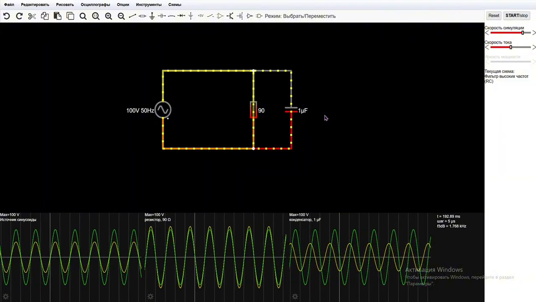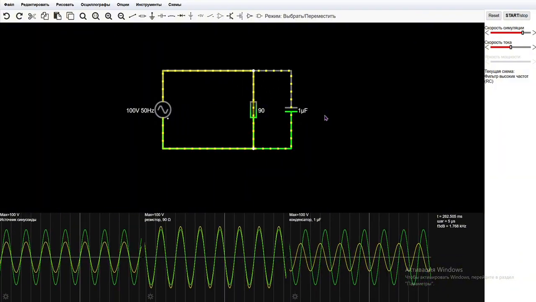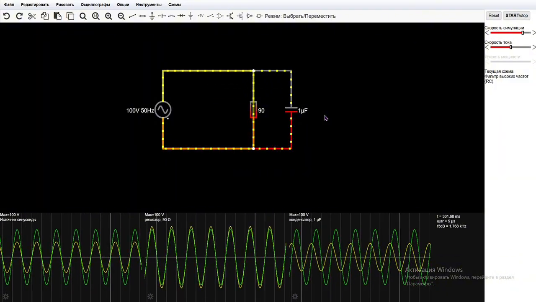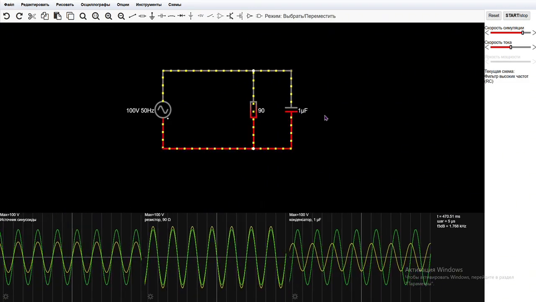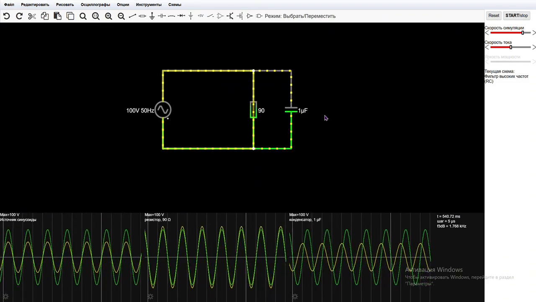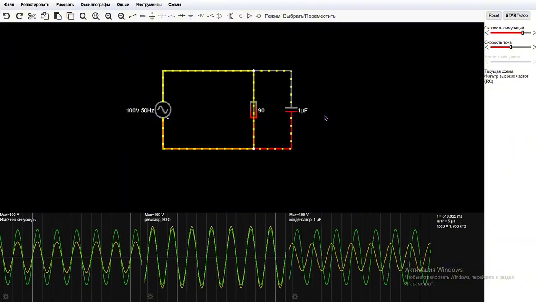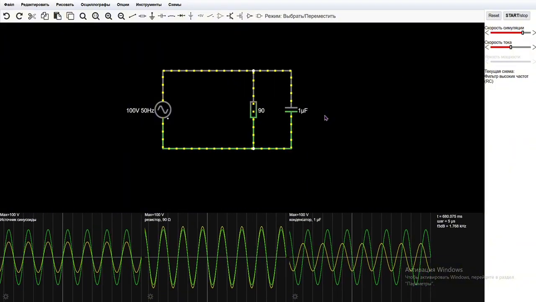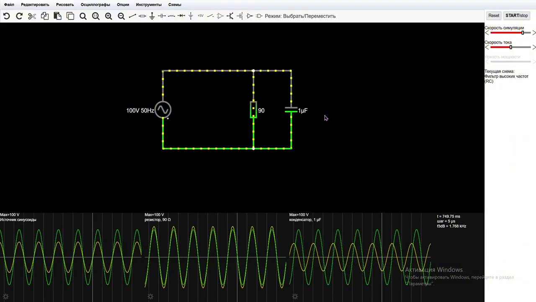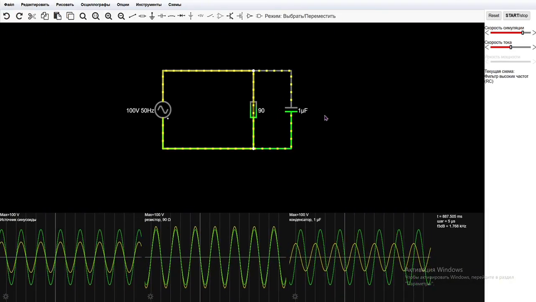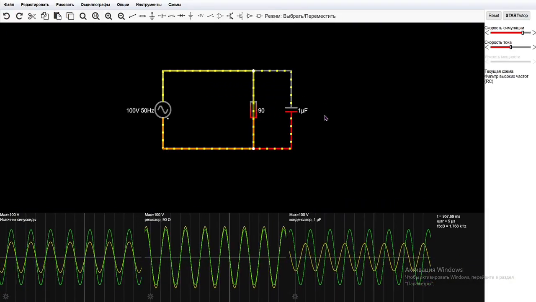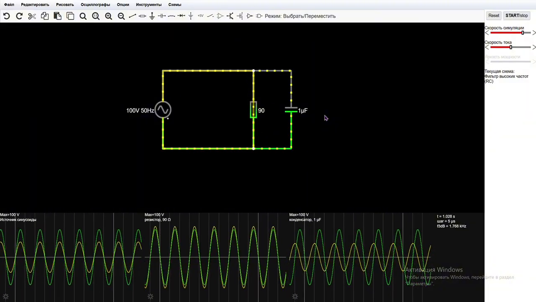From here you can see the total current and the branch currents. If you look at the scope, you'll see the total current is larger than the resistor and capacitor currents individually. But it's not a simple sum of the two. The vector math we just did explains exactly why.